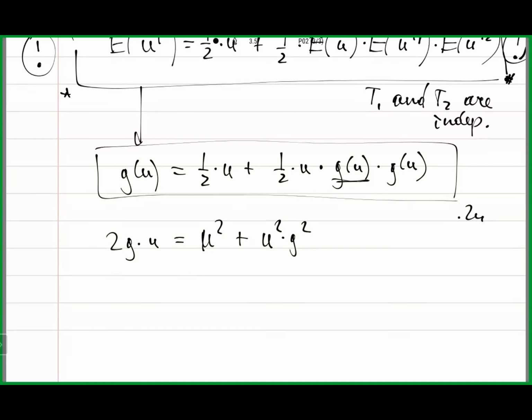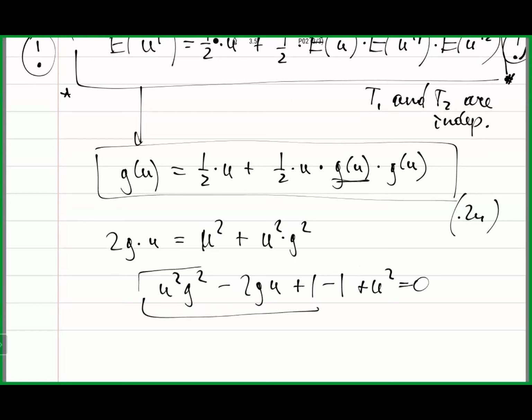And we can say that u squared g squared minus 2gu plus 1 minus 1 plus u squared is equal to 1.